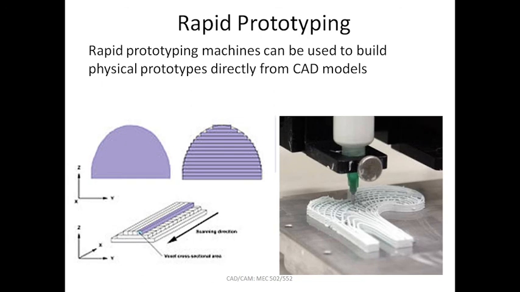You can refer to more details, or watch some kind of video to understand this process. But at this point of time, I would like to only say that in rapid prototyping, the CAD model of the part which you are going to make is the only input required for making this part in a rapid prototyping machine or 3D printer.